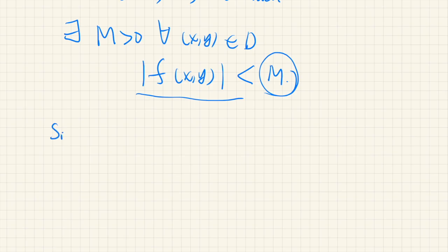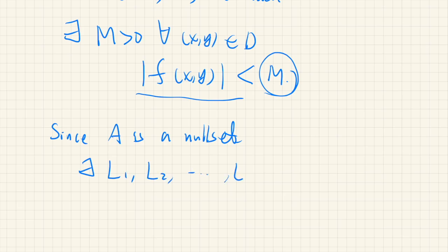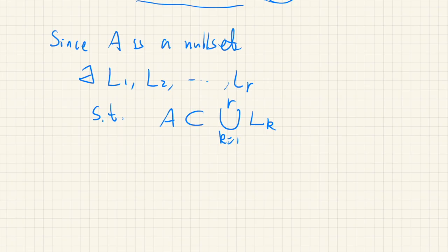And also, since A is a null set, there exist L1, L2, up to LR, open rectangles, such that A is a subset of the union of these rectangles, and the sum of the areas of these rectangles, where we represent the area by mu of L_k, can be made less than any arbitrary positive number.